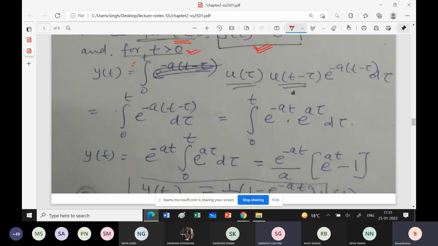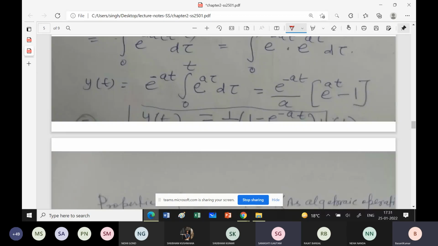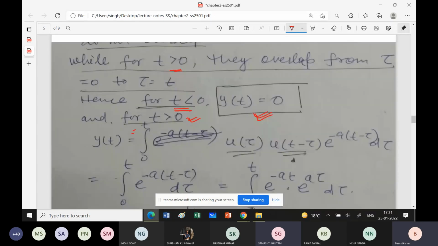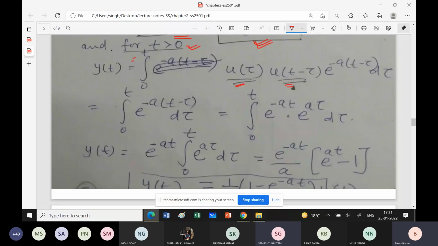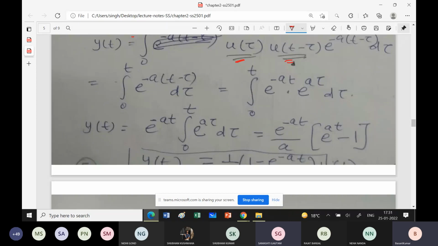Okay, so when you just try to solve it, so this will be having unity value, this is having unity value, and just go on solving it, and you get yt as 1 upon a and 1 minus e to the power at, and this has to be multiplied by ut, because you know that this function, you are not going to get any response for negative value of t, ठीक है.